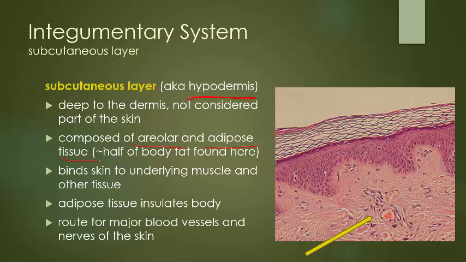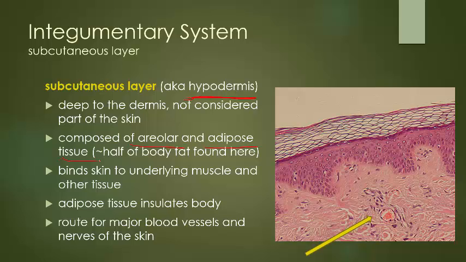About half of the body fat is found here. The other half is associated around the organs, especially in the ventral body cavity, but also around the kidneys. This is that layer of fat that you can pinch if you grab a hunk of your belly or some other place.